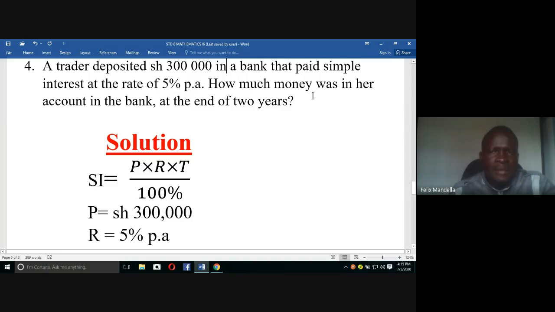How much money was in her account? And listen to that statement. How much money? That one does not ask interest. It is the whole amount. How much money was in her account in the bank at the end of 2 years?